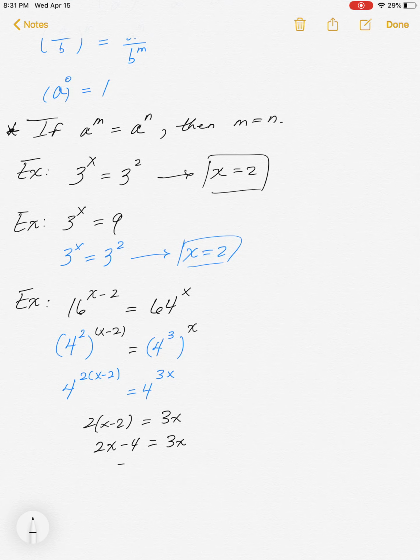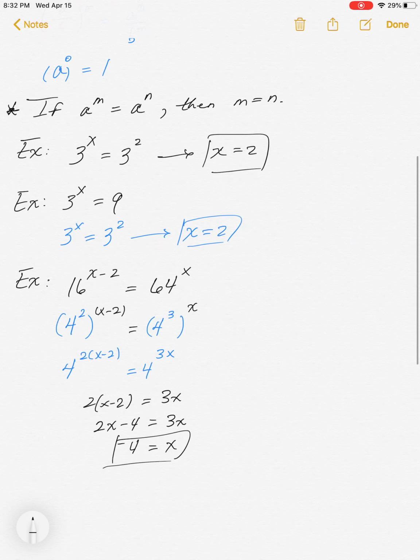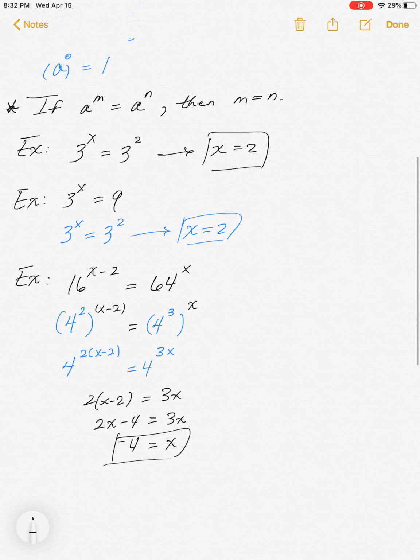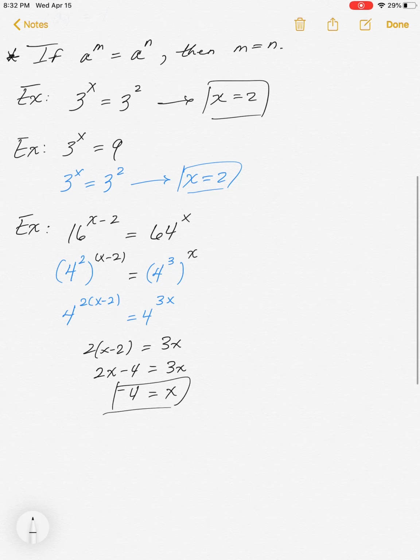Whenever we subtract 2x from each side, we have negative 4 is equal to x. Bada boom, we have our final answer. And that's how you do these solving exponential equations.